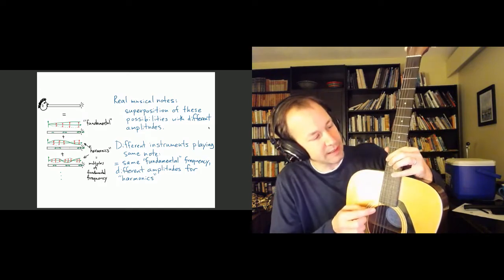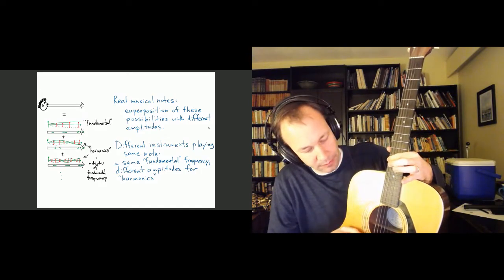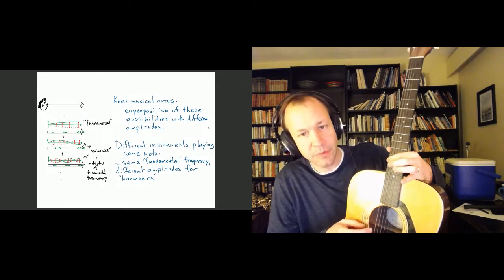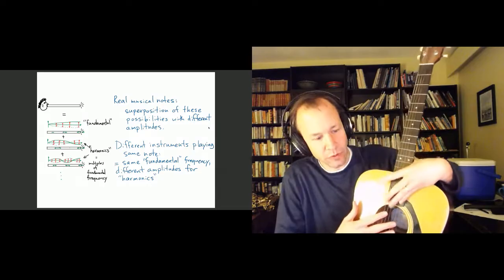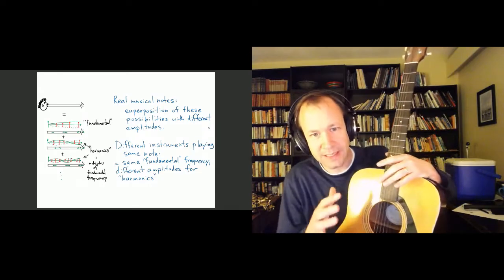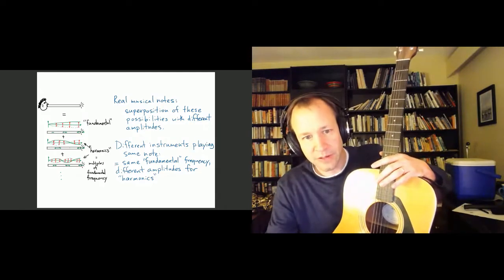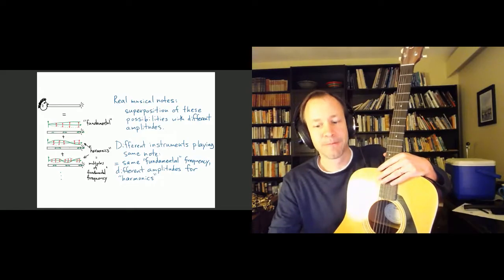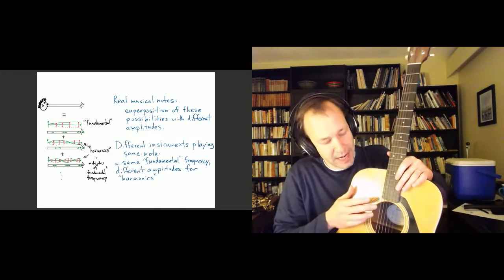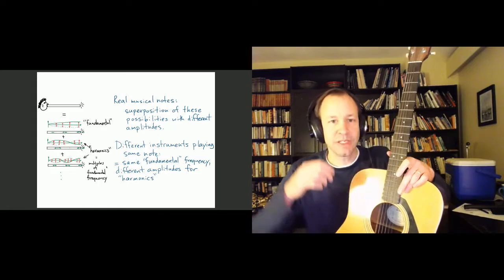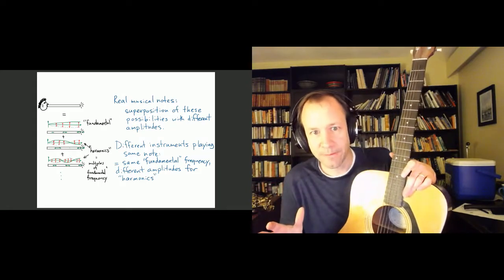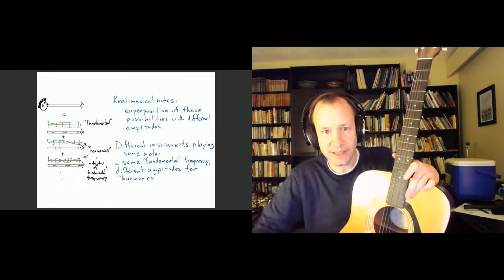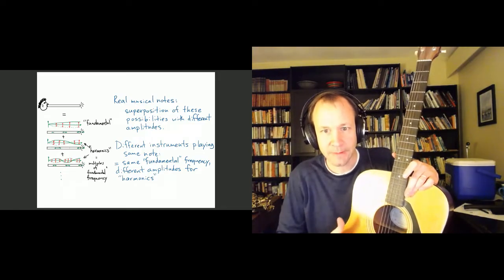Or you could put your finger in the middle and pluck it over here and mostly get this second harmonic. Or I could try to arrange so it's mostly vibrating in the way that I've shown here with the third harmonic. But if you just randomly pluck it, it's going to be a combination of all of those different ways of vibrating. So a superposition of these different kinds of standing waves.